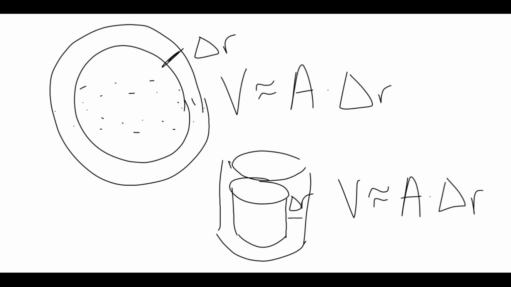Okay, but we know that these two volumes are in a ratio of 2:3. And so if we change the radius by the same amount, that tells us that the areas are also in a ratio of 2:3.